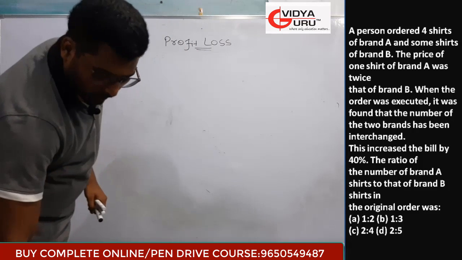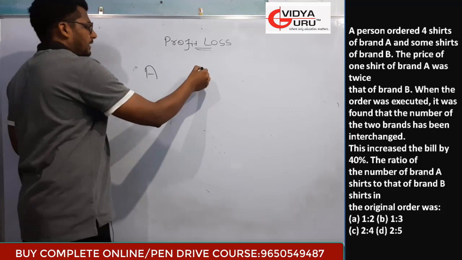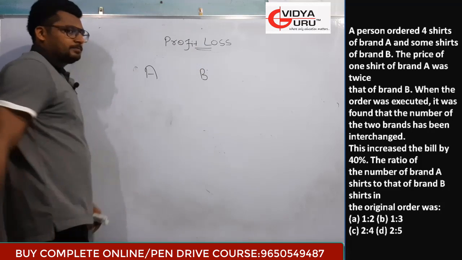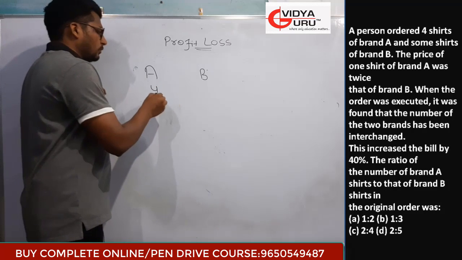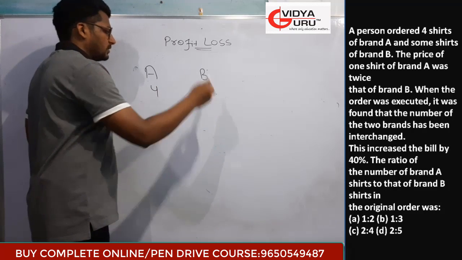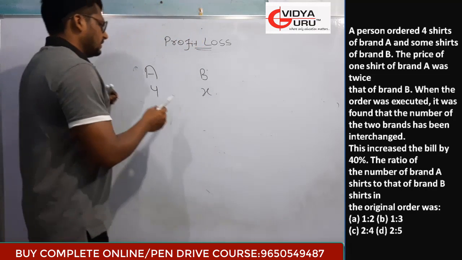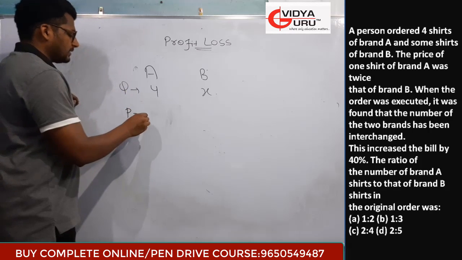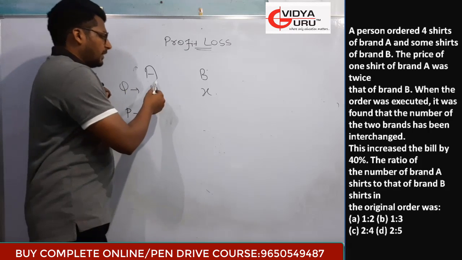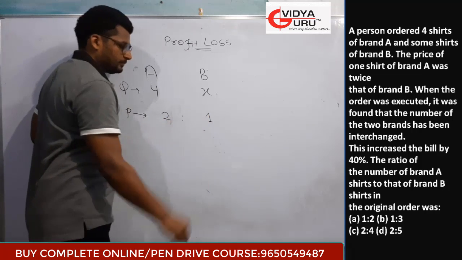A person ordered two types of shirt, type A and type B. The question is saying type A shirts were 4 and we don't know what the type B shirts were. Let it be X. The question is saying the price of A was twice that of B. That means the price ratio would be 2:1.